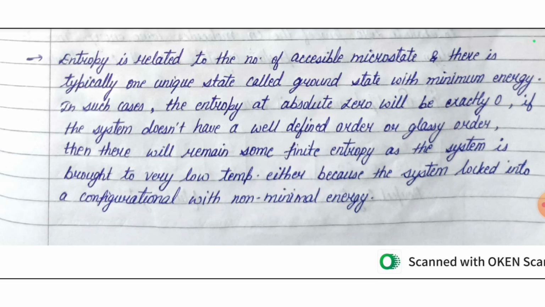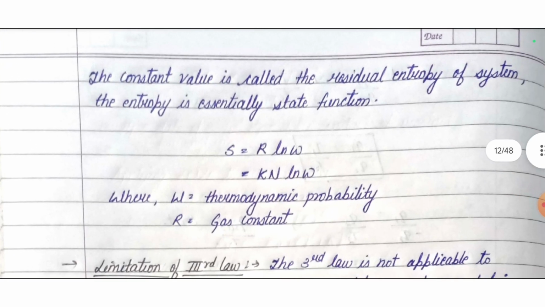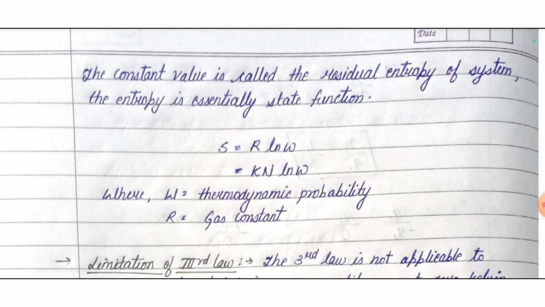In such cases, the entropy at absolute zero will be exactly zero. If the system does not have a well-defined order, or has glassy order, then there will remain some finite entropy as the system is brought to very low temperature, either because the system is locked into a configuration with non-minimal energy. This constant value is called the residual entropy of a system.